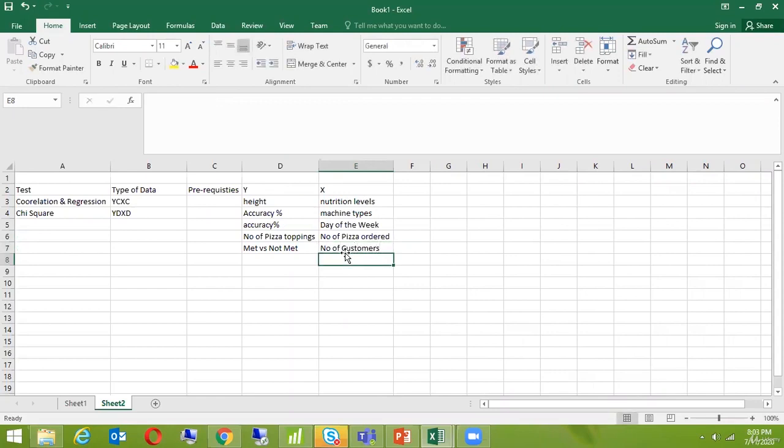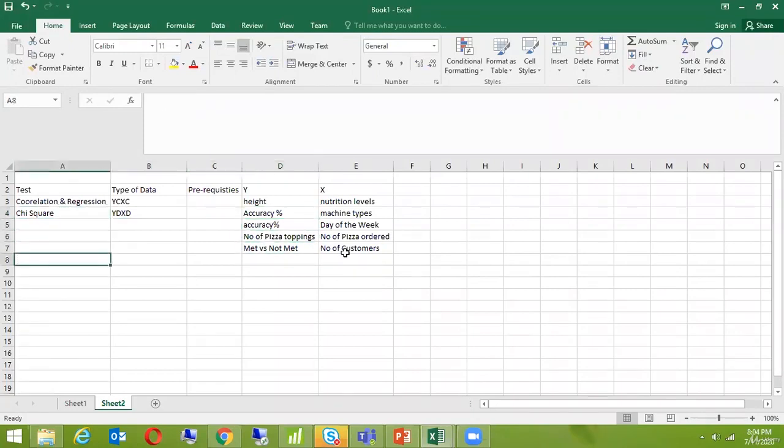So if my Y is discrete and X is discrete, any sort of discrete, we have learned nominal, ordinal, percentage, binary, count, then I would do a test called chi-square. But I have to convert this discrete into category only, which could be machine type. Accuracy you can convert into pass or fail, defect or not defect, because the formula of accuracy would always be defects divided by total opportunities. So that is what a chi-square is.